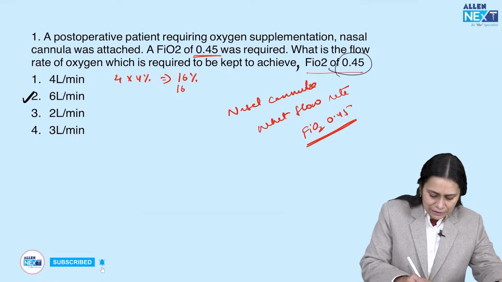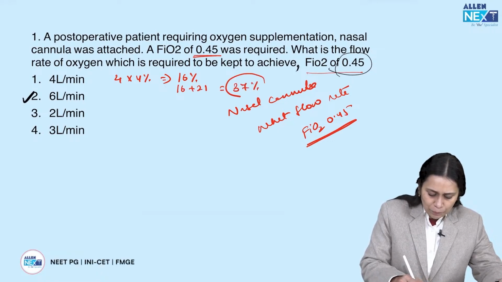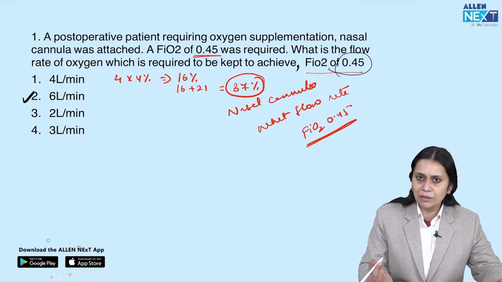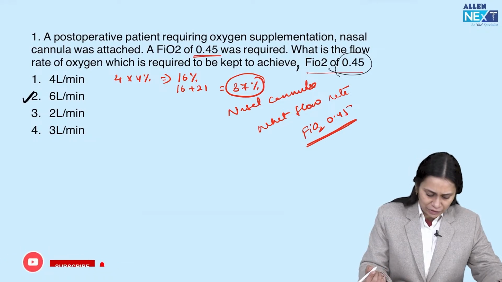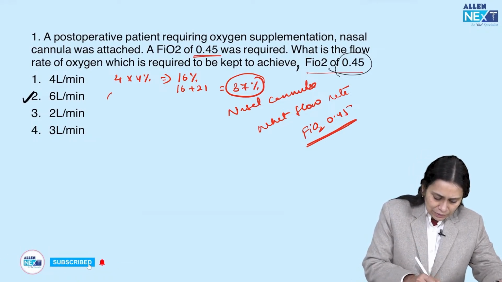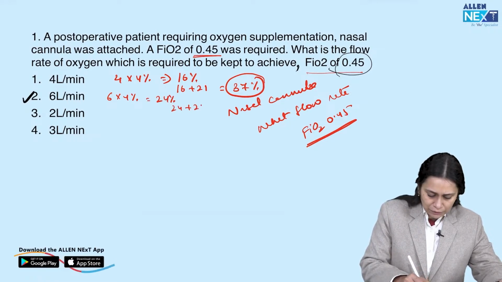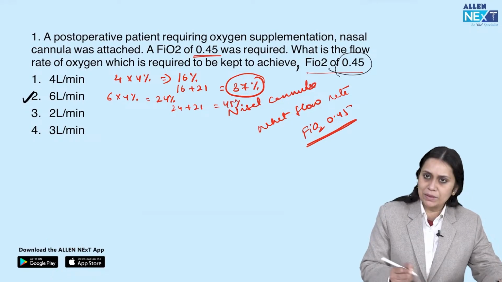So I add 16 plus 21. This comes out to be 37%, so approximately 0.37 FiO2. 37% oxygen concentration we will achieve. With 6 liters, 6 into 4%, that is 24% above room air oxygen concentration. So 24 plus 21 comes out to be 45%.